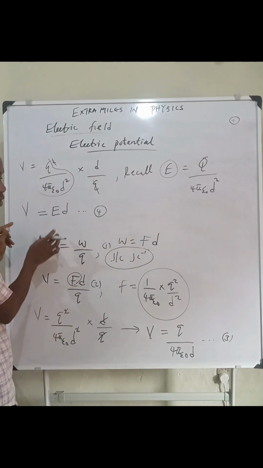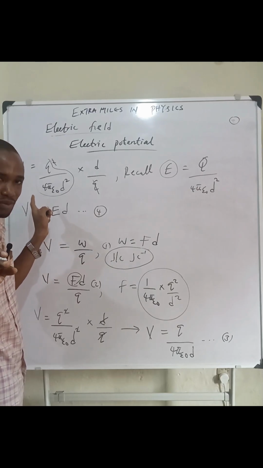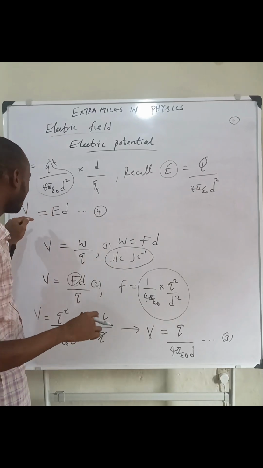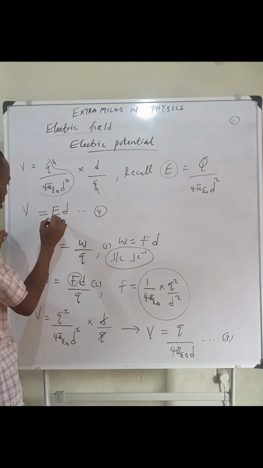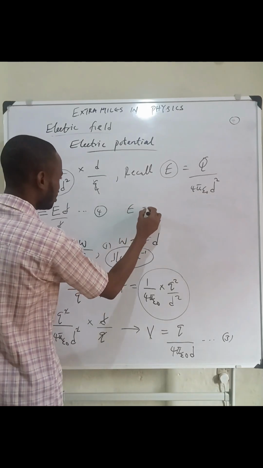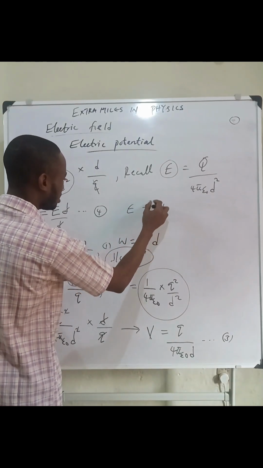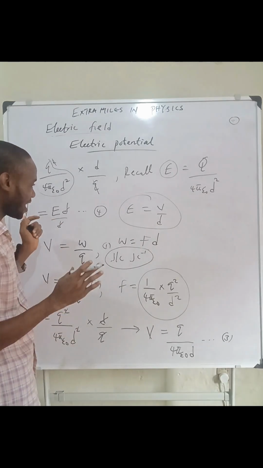And this formula gave rise to the other formula I told you under electric field intensity that I will not derive now. If I make electric field intensity the subject of the formula, I will divide by this, so I have that E is volt over distance. It's just as simple as this.